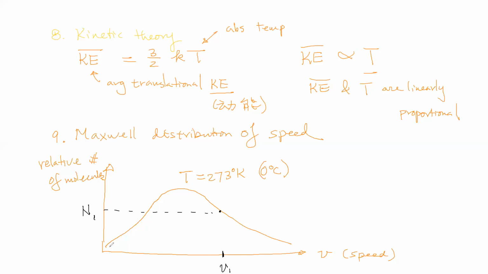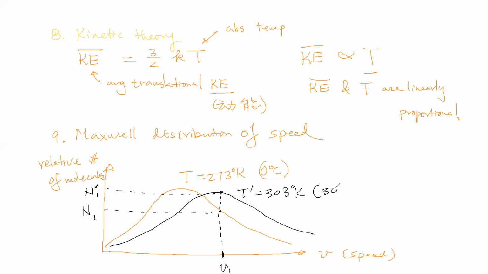So now instead of that one, it will have something like that, for example. Then at V1, now instead of N1, you have this, and that's your N1 prime. At the new temperature, T prime, equal to 303 degree K, or 30 degrees C.